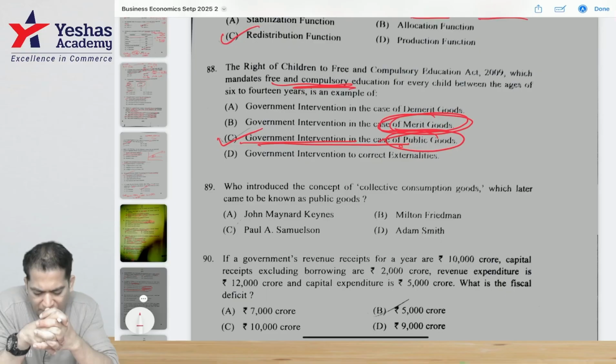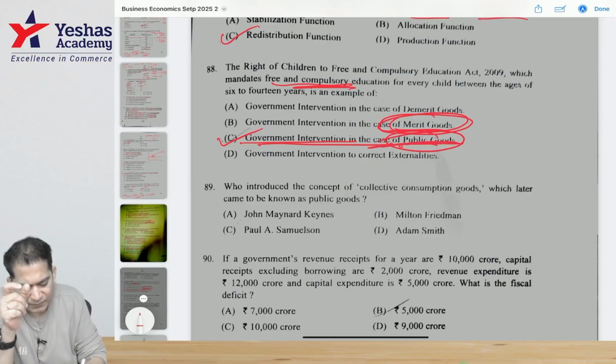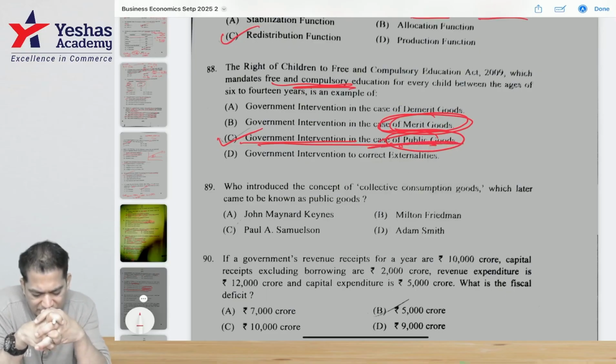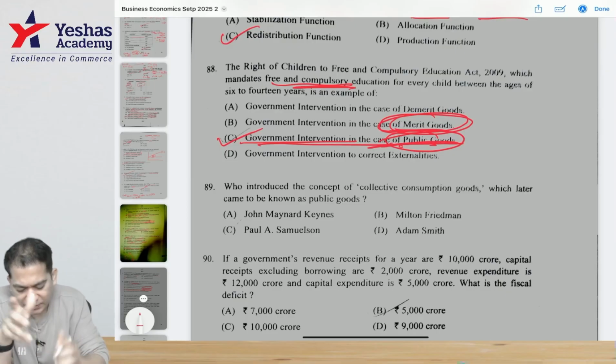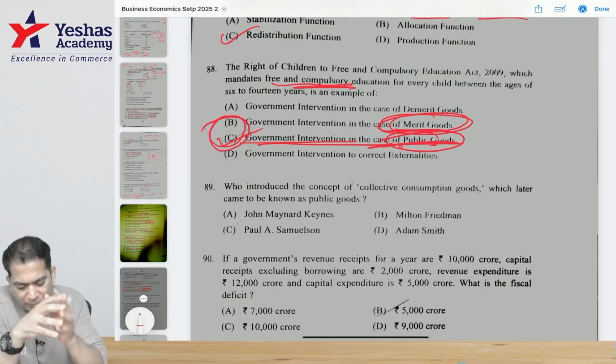So now public goods becomes a very generic term, because public goods cover many things, so it becomes a cause of concern here.